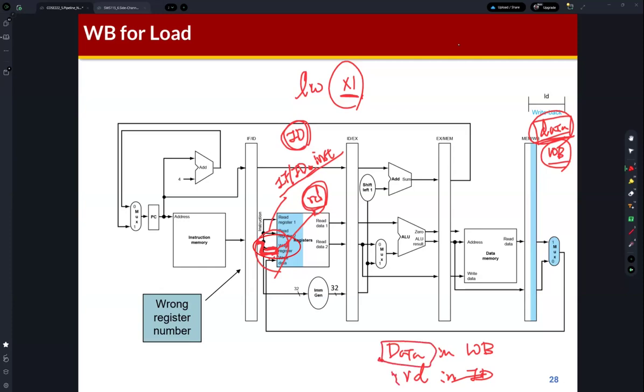In order to store data in the register file, we use the RD. Which means that the RD of this data needs to be the RD in write back. So we need to check the timing of data in the pipelining registers.